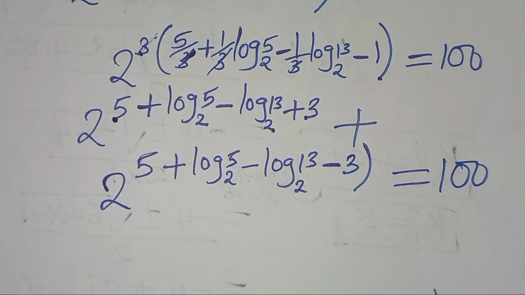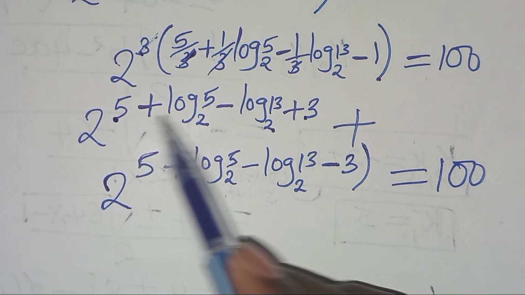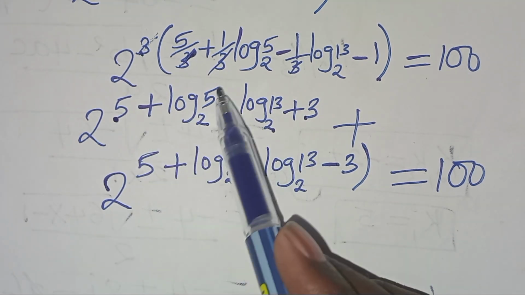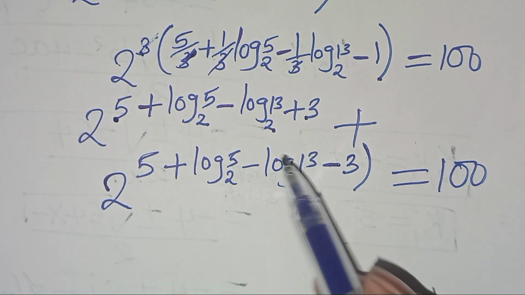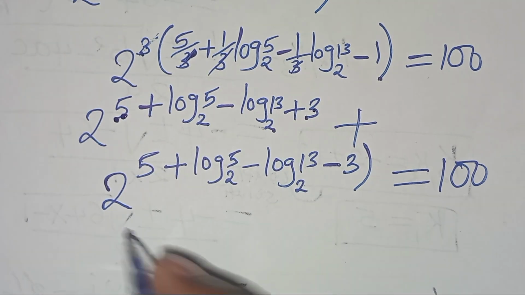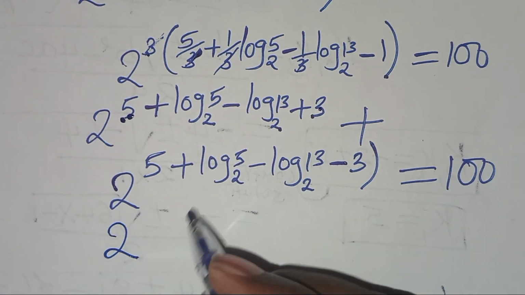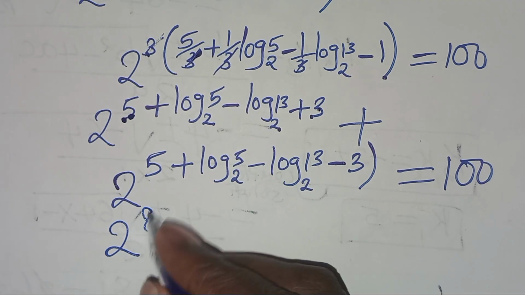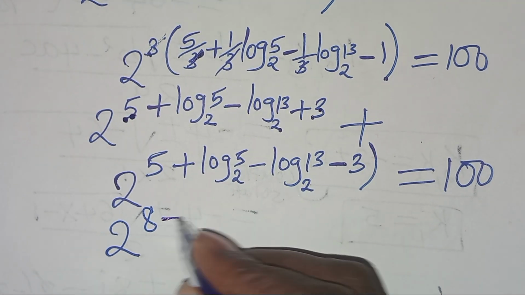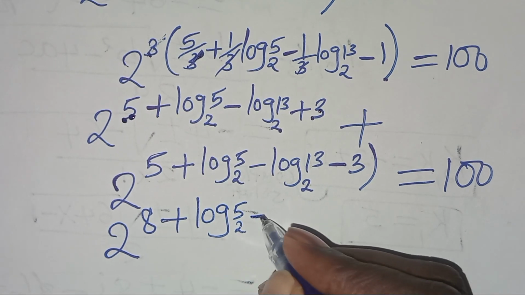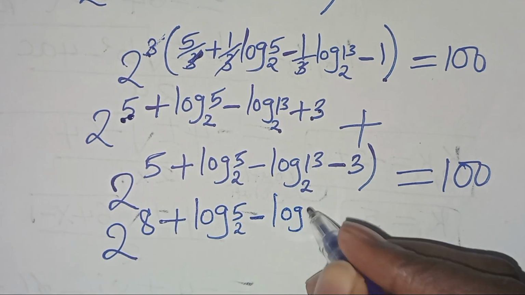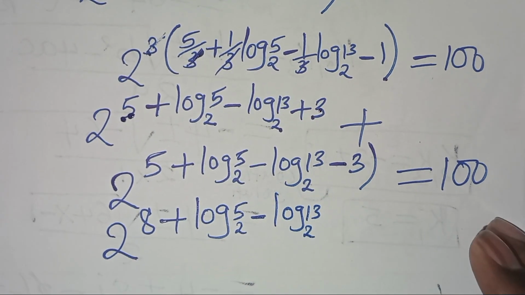Let's proceed here. Now, as you can see here, 2 to power 5 plus log 5 to base 2, subtract log 13 to base 2 plus 3. Let's add 5 plus 3 here. So we'll have 2 to power 5 plus 3, this is 8, plus log 5 to base 2, subtract log 13 to base 2.